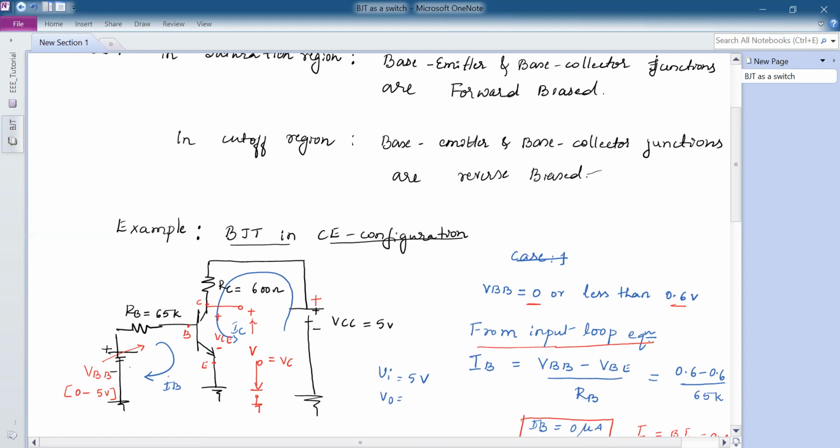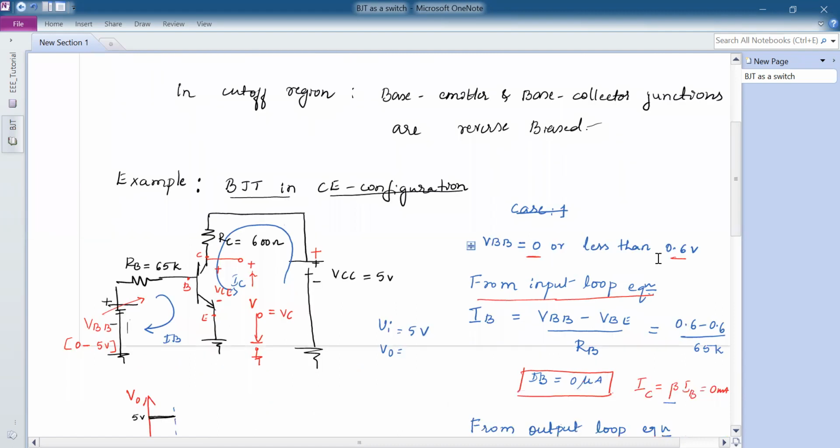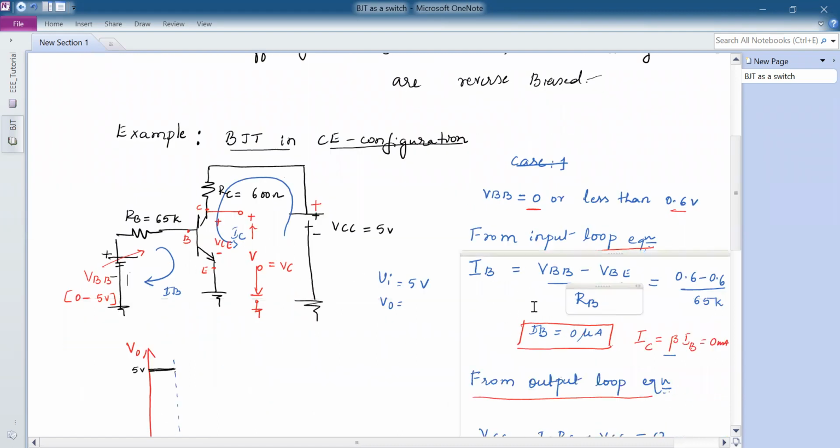Now we'll see the input loop equation when the input voltage is 0 or less than 0.6. The input loop equation, as we all studied, gives IB as VBB minus VBE divided by RB. This results in IB as 0 microamps.